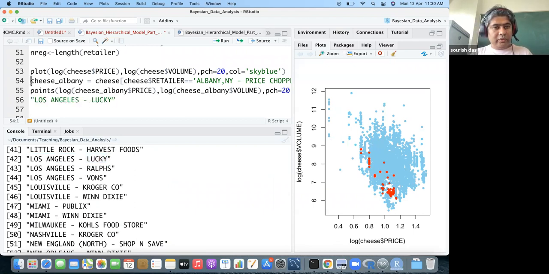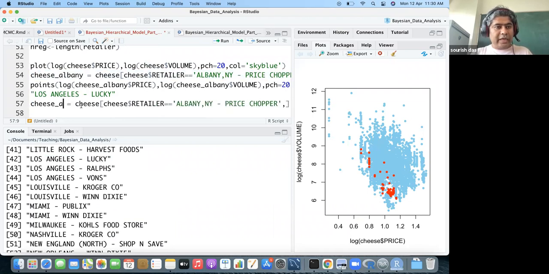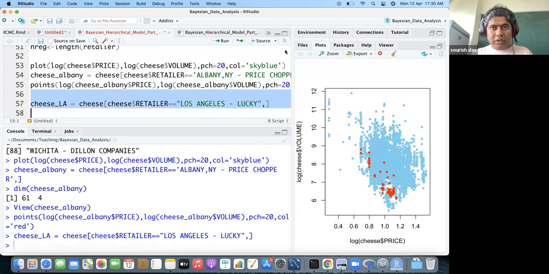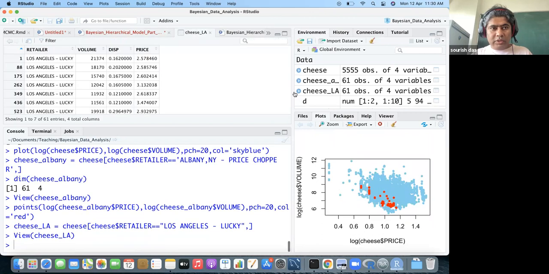But what I will do is, instead of Albany, I will say LA. And instead of the Albany price, I will use this. So let me run this. Now, cheese LA also has about 61 observations.